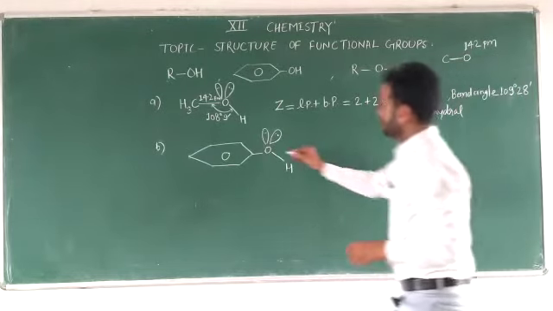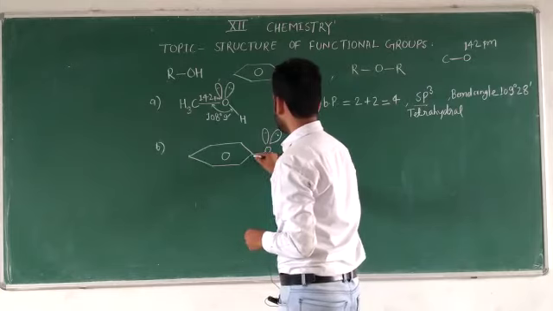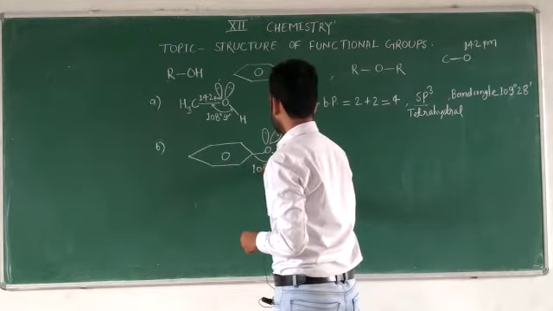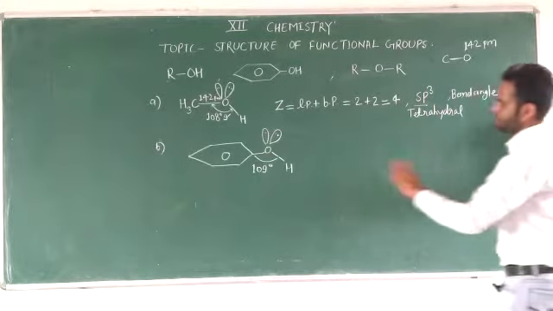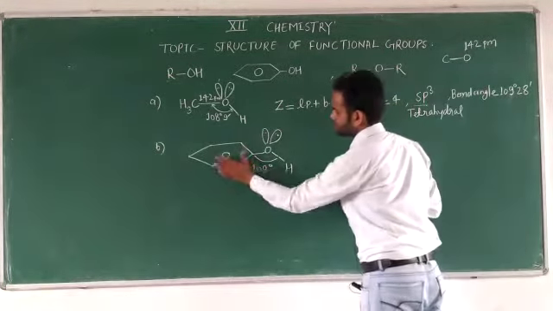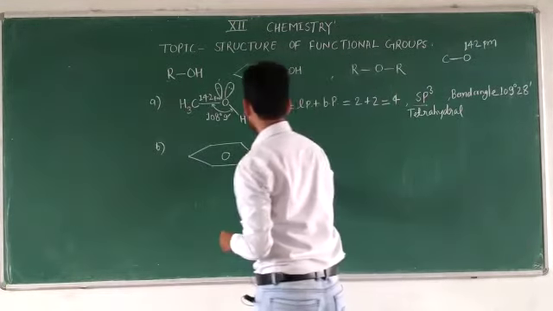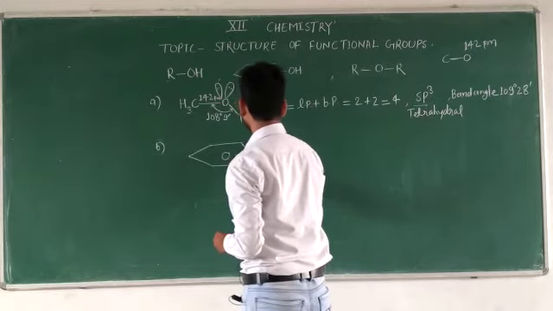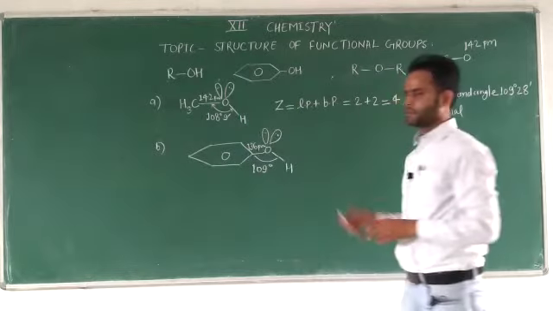In the case of its bond angle, it would be approximately the same, 109 degree, because it has a bulky ring here, and its bond length would be 136 picometer. So what is the reason behind it?